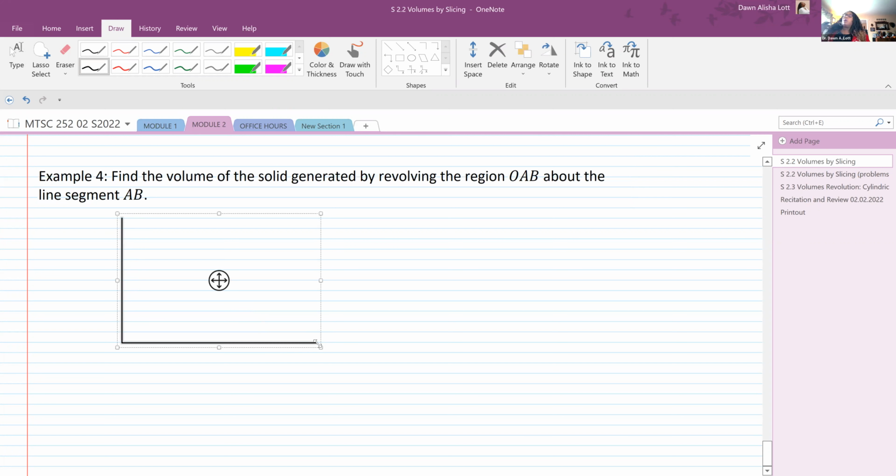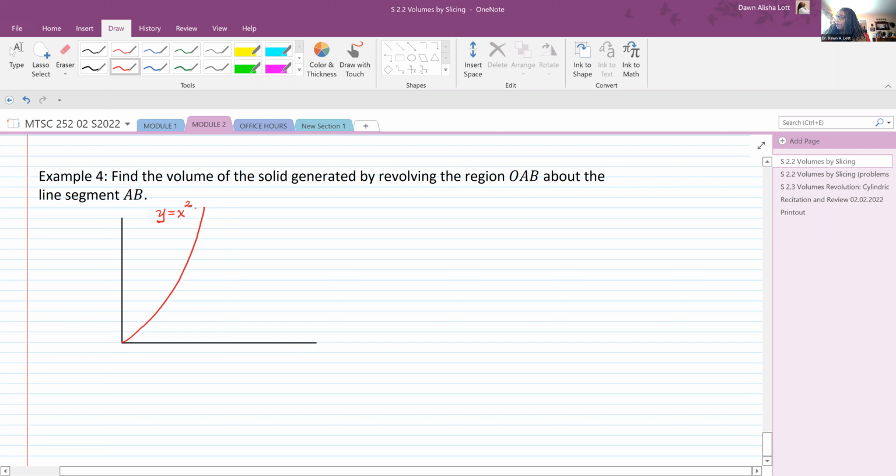So here we are going to take the curve OAB. I'm going to draw this, which happens to be the parabola y is equal to x squared. And then I'm going to draw this line.